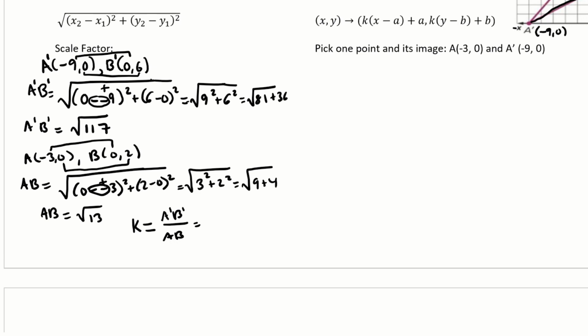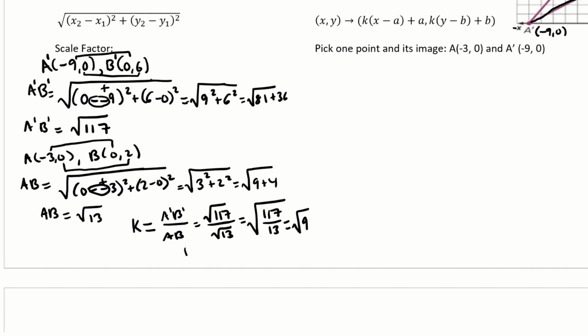So we're going to do the square root of 117 divided by the square root of 13. How do we do that? You can put them under one square root and just divide the two numbers. 117 divided by 13 is 9, so this gives you the square root of 9, and the square root of 9 is 3.